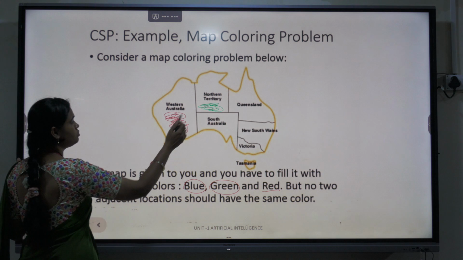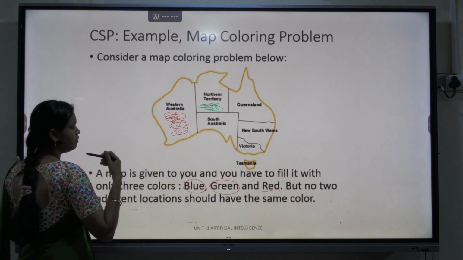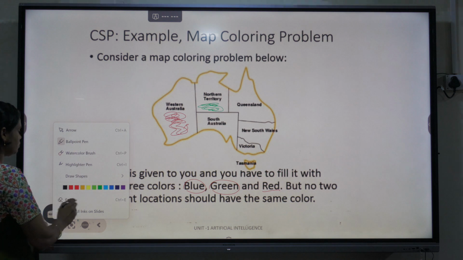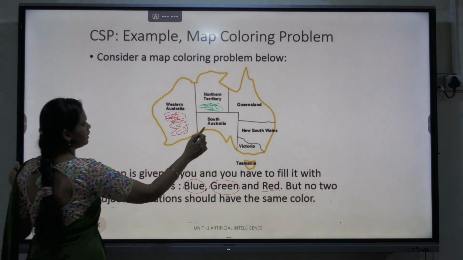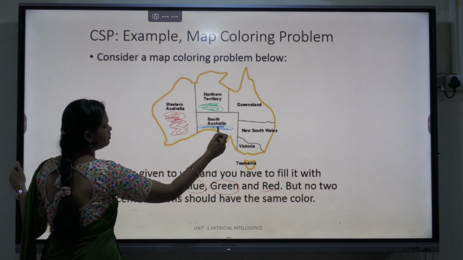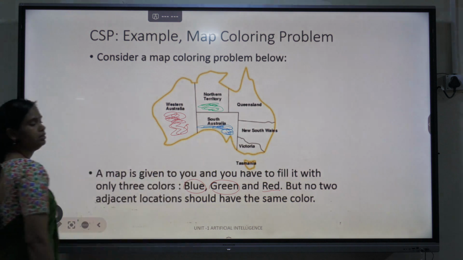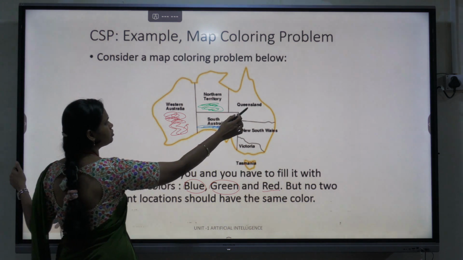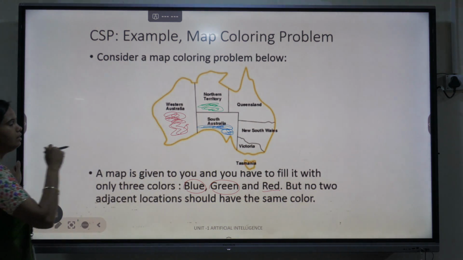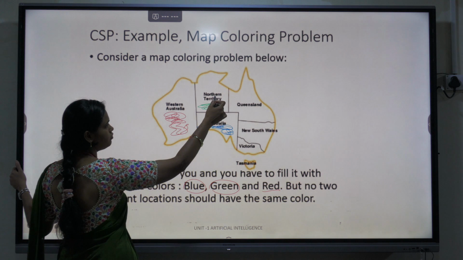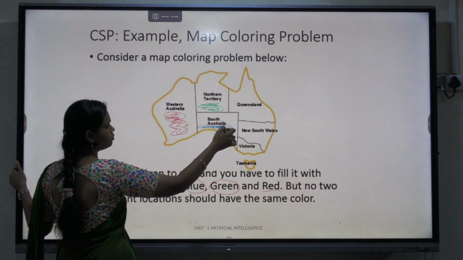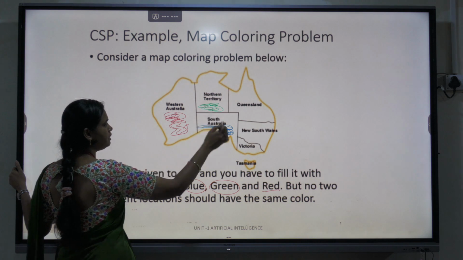Now since I used these 2 colors, my only option for South Australia is blue. So I can fill South Australia with blue. Right. Now what about Queensland? Queensland is adjacent to Northern Territory and South Australia, which are already filled with green and blue.